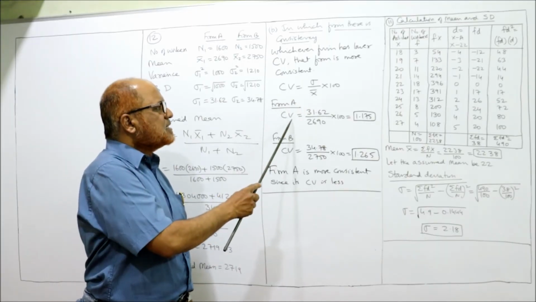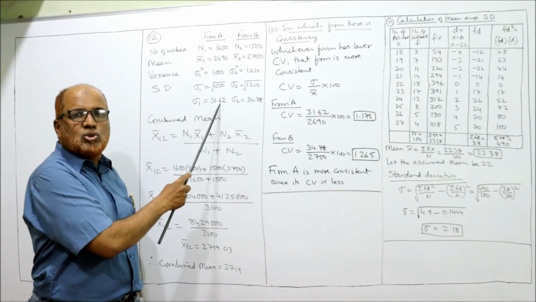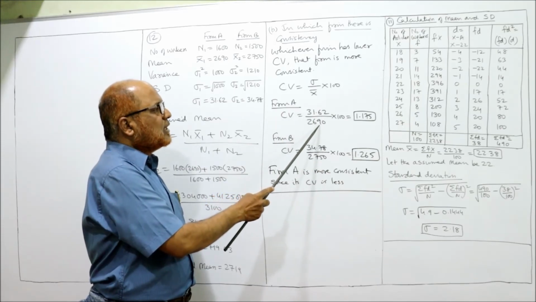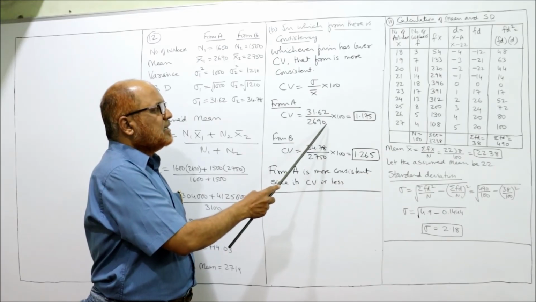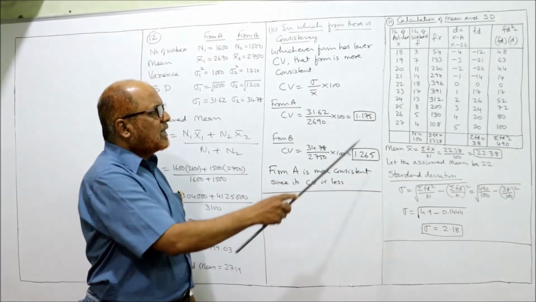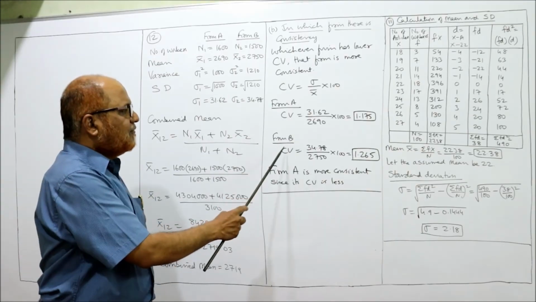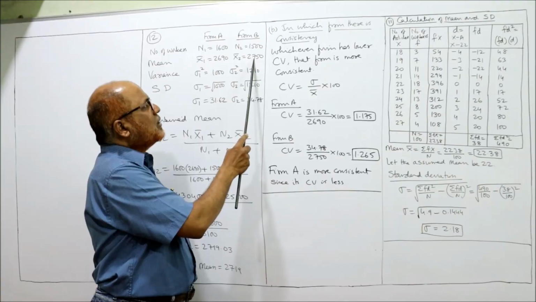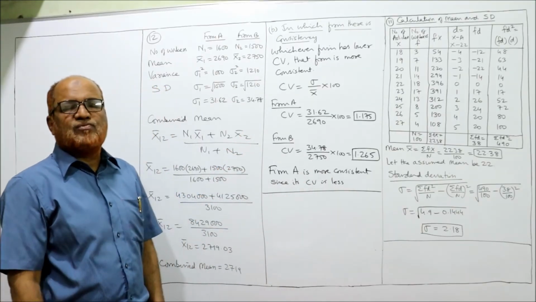So for firm A, CV is equal to sigma; already we have calculated 31.62 as the standard deviation. 31.62 divided by 2690, into 100. You will get 1.175. That is the CV for firm A. Firm B: 34.78 divided by the mean 2750, into 100, is 1.265.